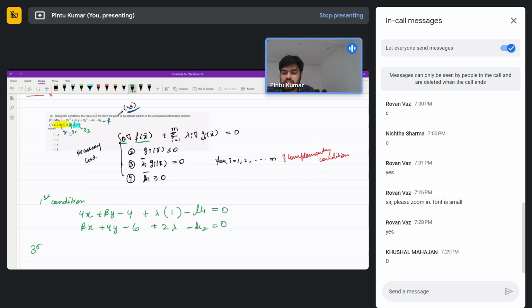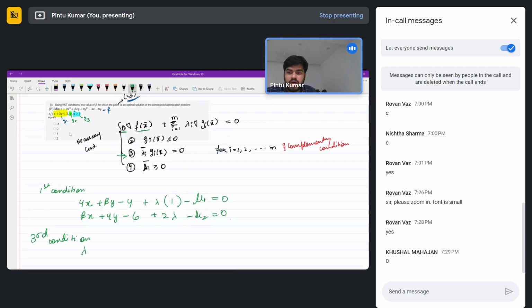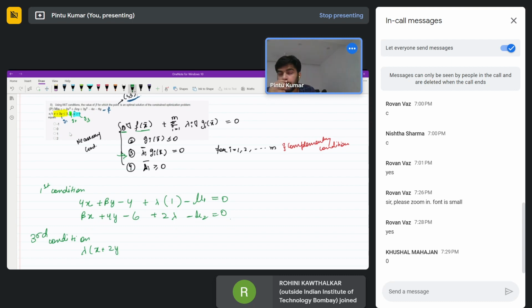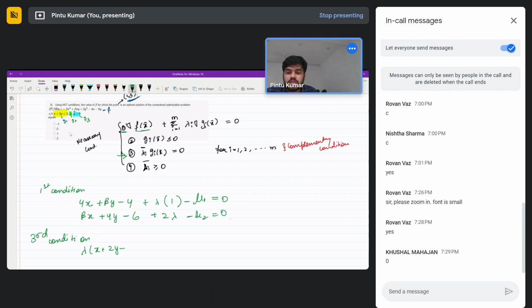Now based on the third KKT condition, we have lambda into (x plus 2y minus 2) equal to 0, mu1 into minus x equal to 0, and mu2 into minus y equal to 0.